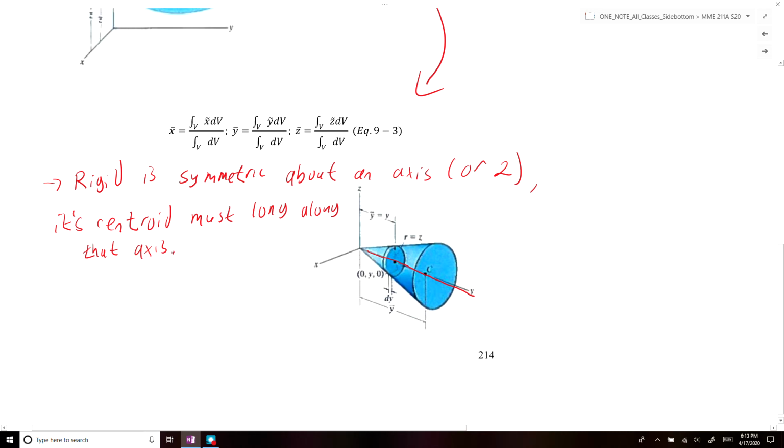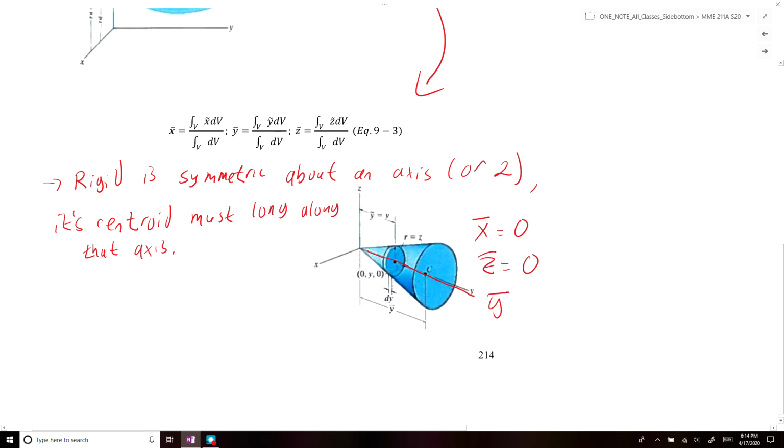So in this case, we have symmetry about the z-axis and symmetry about the y-axis. So we know that x bar would be equal to 0 and z bar would be equal to 0 as well. The only thing we don't know is y bar.